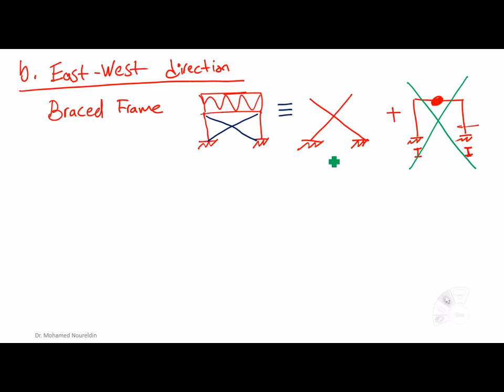So we are going to use only the bracing system that is going to be working for us. Bracing system, okay, not the rigid frame. The rigid frame contribution is going to be negligible.